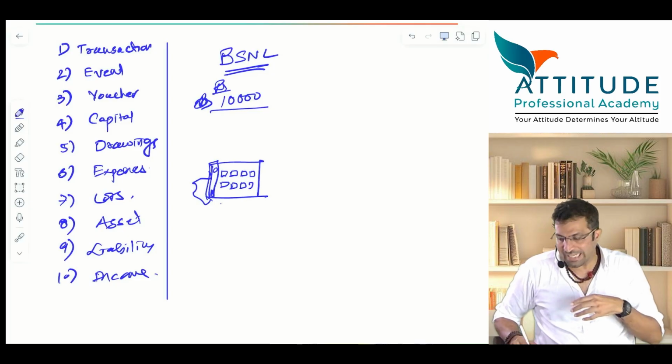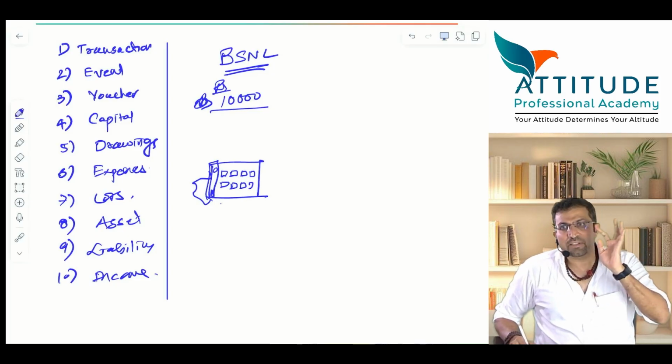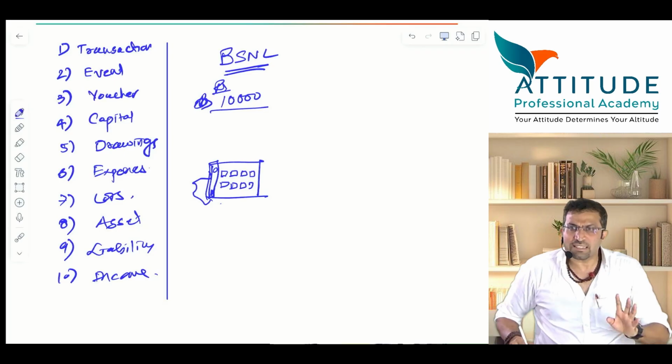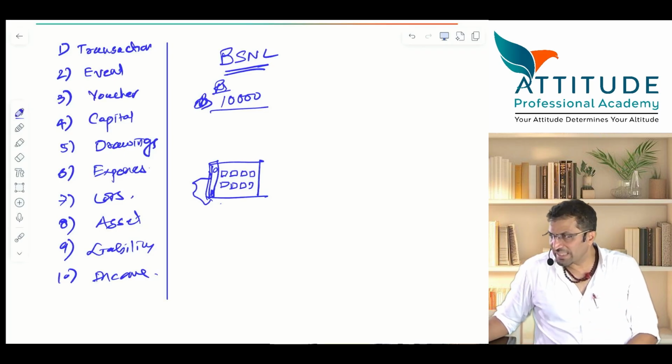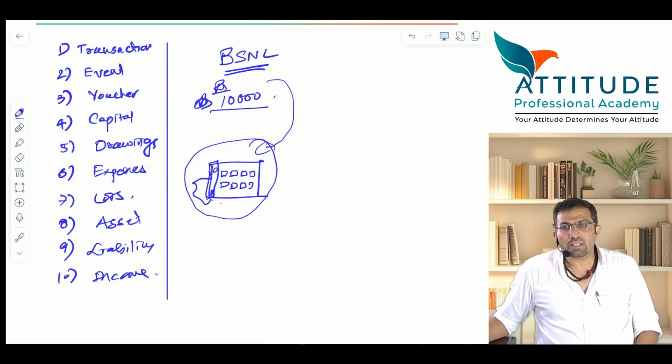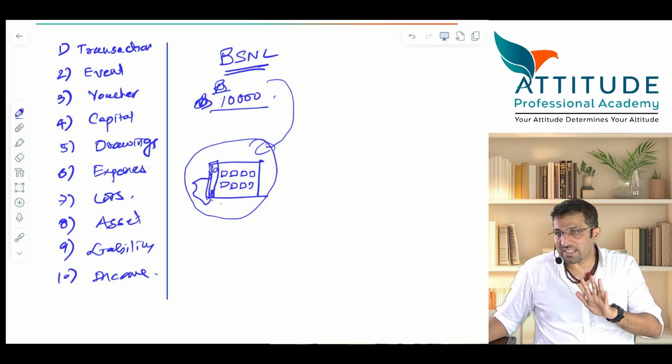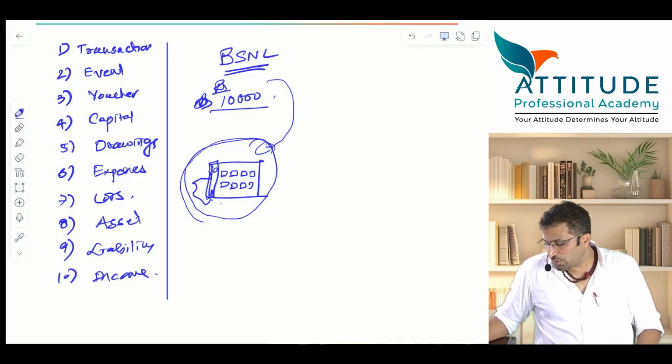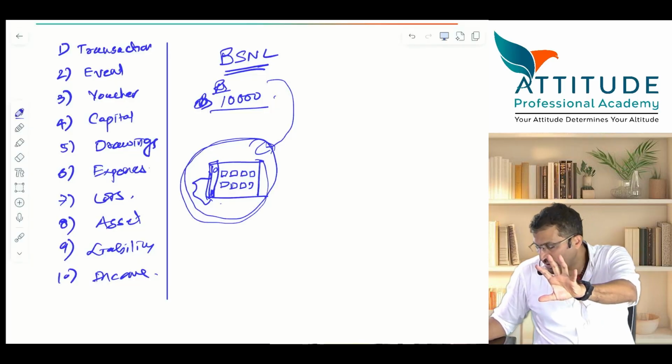No. Landline na, BSNL only will give you. If you have any BSNL landline connection, this instrument you need not buy. They'll give you the connection as well as the instrument. Correct hai? Hear the story first. बाद में देखेंगे आंसर क्या है, कौन सा एक्सपेंडिचर है. Is that clear?